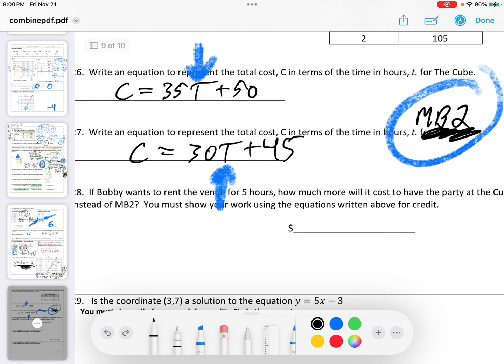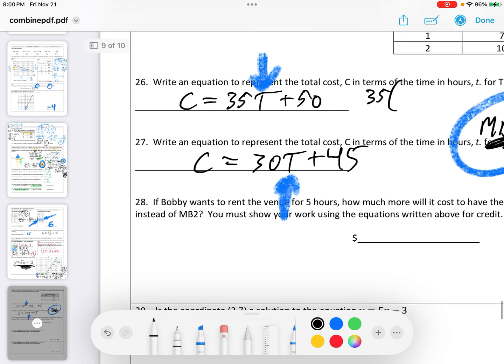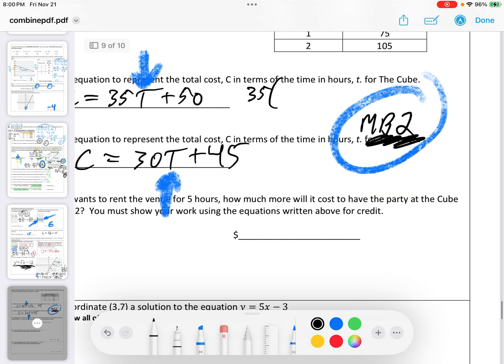Hooray. So the Cube is 35 times 5 hours. I just wanted to look and make sure. 35 times 5 is 175.